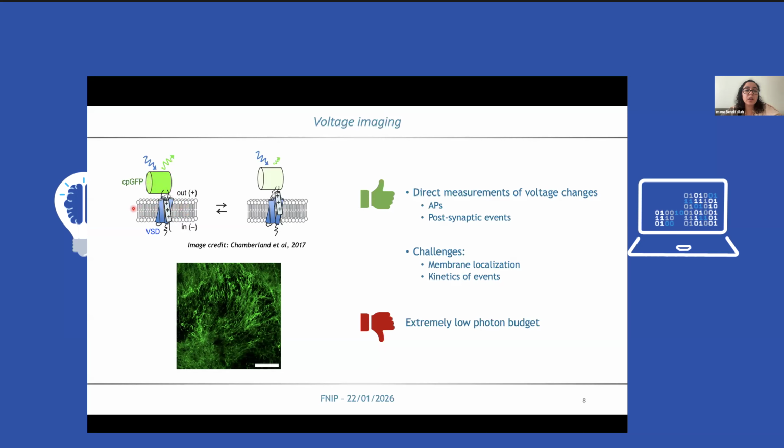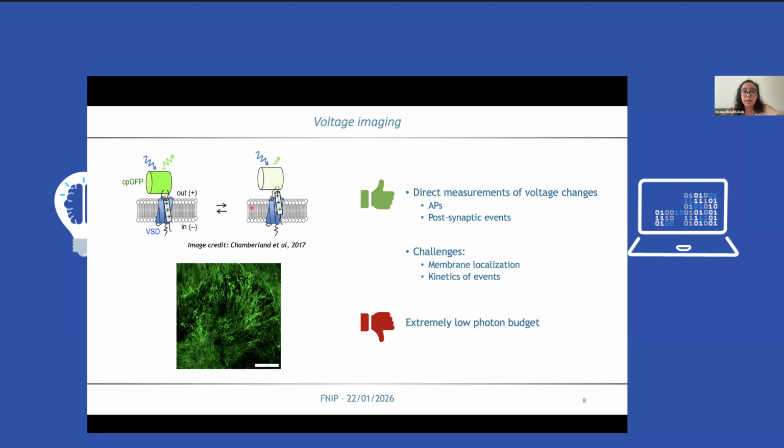When a depolarization or a hyperpolarization arises in the membrane, the VSD undergoes a conformational change that induces a further change of conformation in the fluorescent protein that changes its intensity. So this approach allows for direct measurements of voltage changes, and so we can record action potentials, but also postsynaptic events. But there are many challenges that are inherent to the technique.